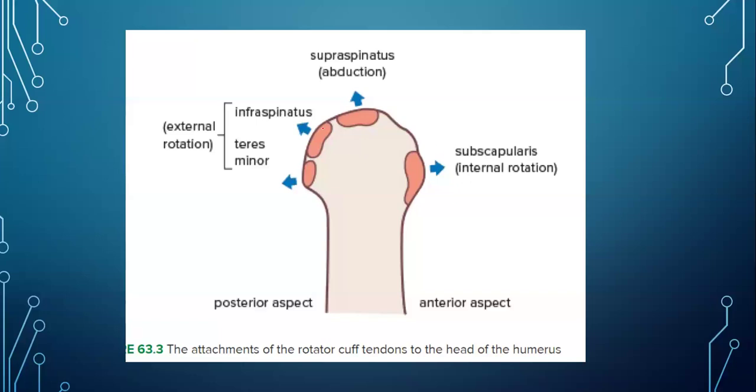Okay, so if you look over here, these are the 4 muscles or tendons that mainly stabilize our shoulder. We have the supraspinatus, which helps with abduction. Infraspinatus and teres minor help with external rotation, and subscapularis with internal rotation. It's better to see a picture which actually explains everything.